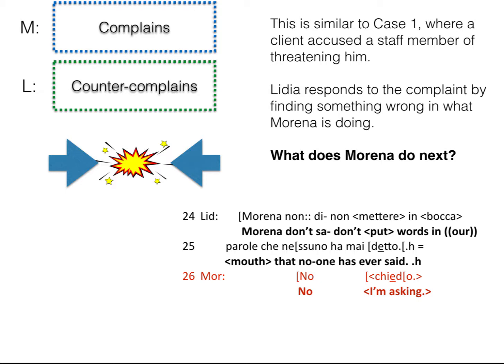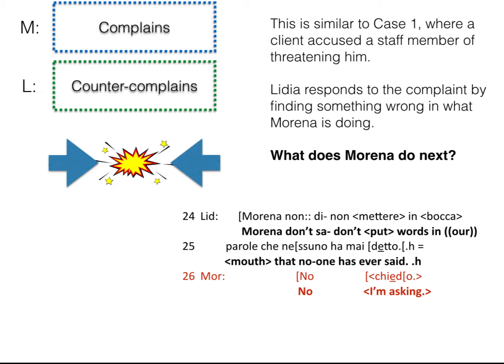So she's claiming that she was not complaining, she was not accusing, she was not saying, oh, you don't care. She was asking a question. Now, if we go back and analyze it, it doesn't look like she was asking a question at all, but I won't get into the linguistic analysis of it, but it's fairly straightforward.